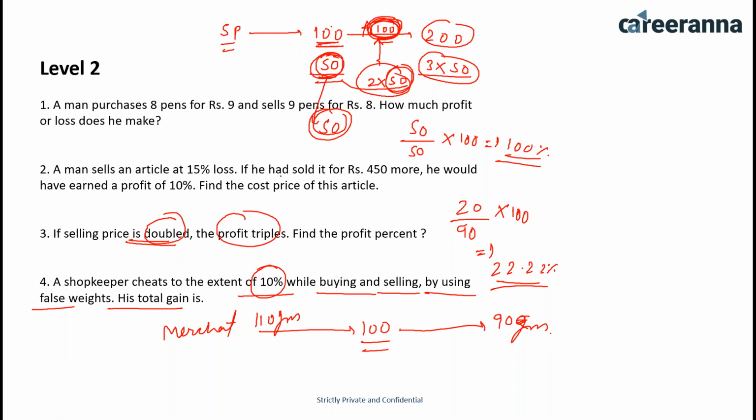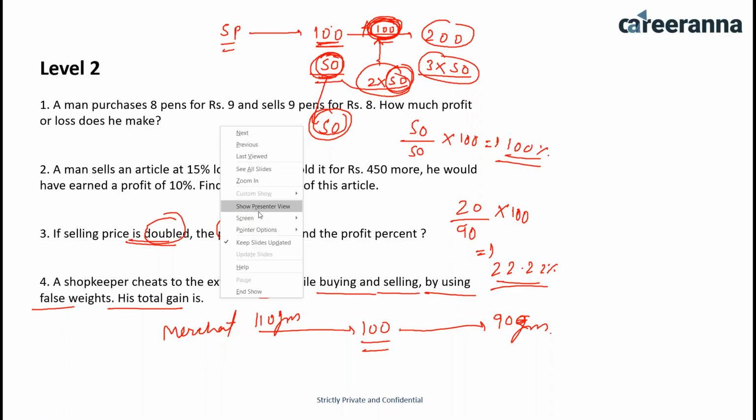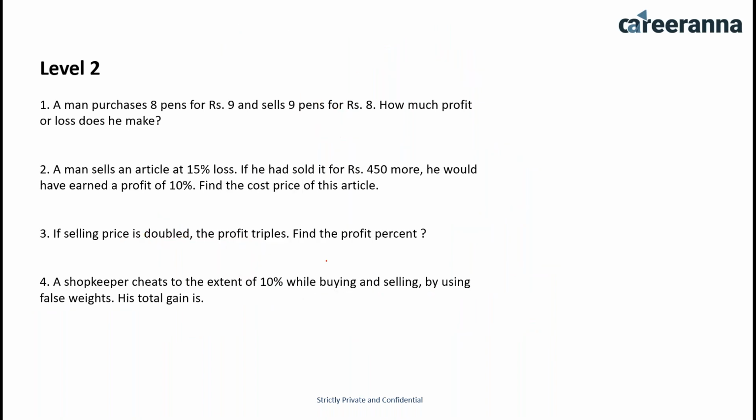Okay, let me explain. I'll do it again. Don't worry. Okay, so cost price, selling price. He cheats from buying it from a merchant.